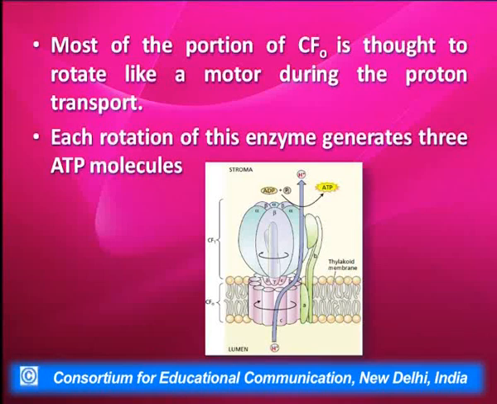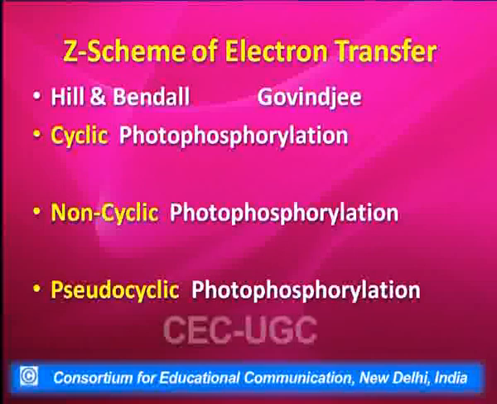So, this is one of the most fascinating aspects of bioenergetics and biophysics, of course, where this type of a mechanical rotor is seen to be responsible for the generation of energy.